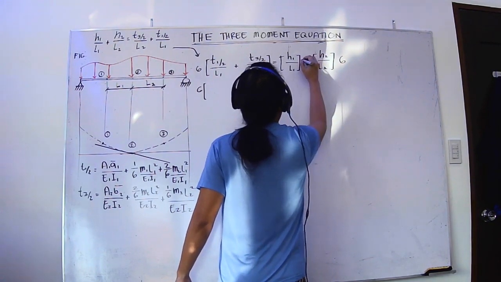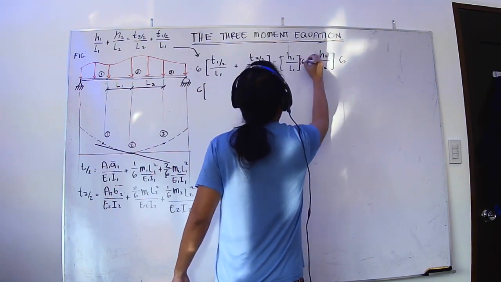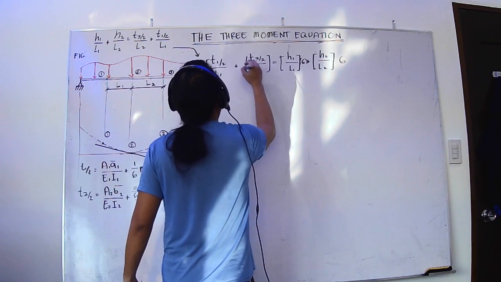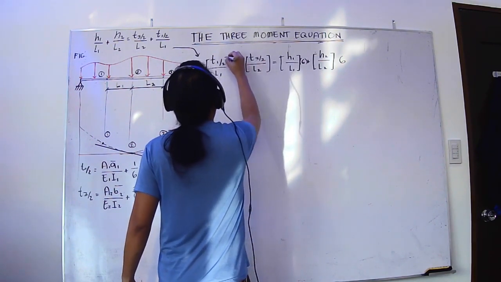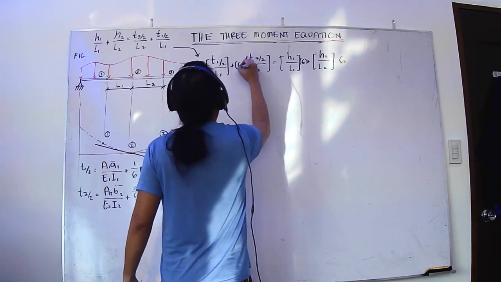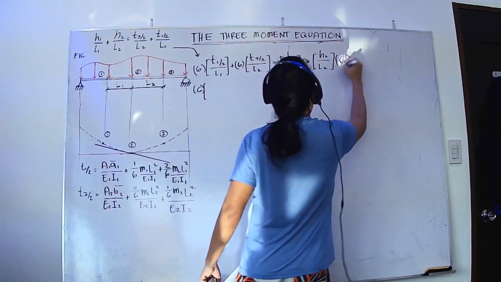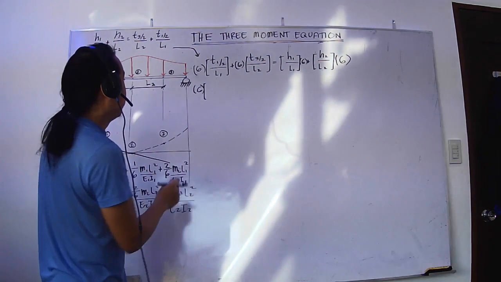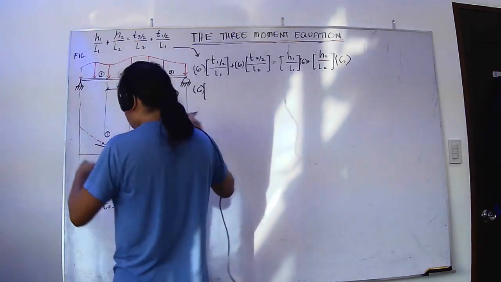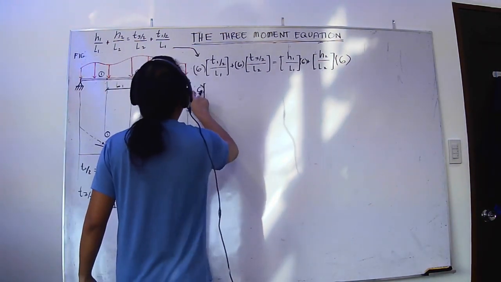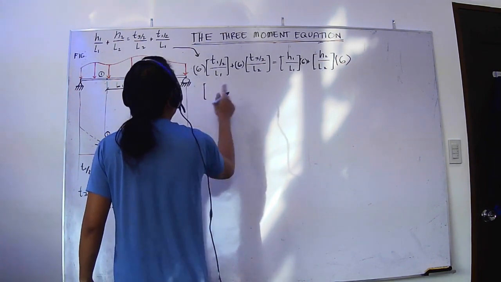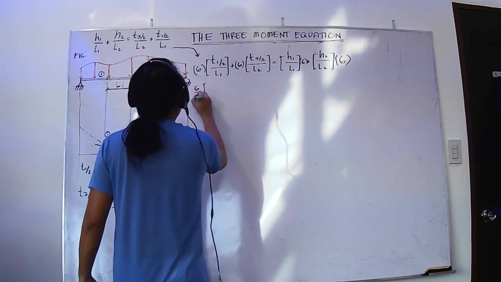I'm trying to be as user friendly as possible. Okay, so I think that's much better. I will factor out L1. So this becomes 6 over L1.